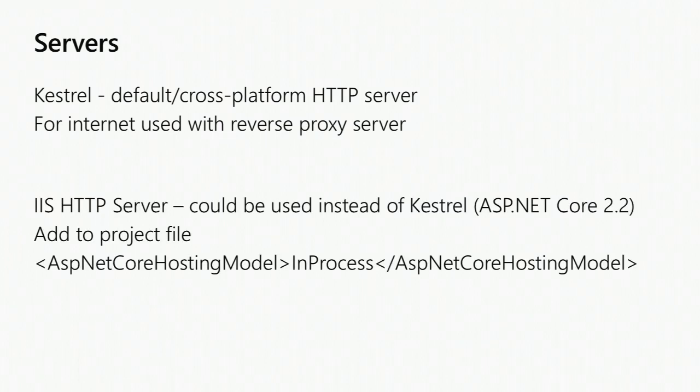And lately, we can use IIS also on the Windows since version 2.2. And very rarely used, HTTP.sys, only in the case when we need some special feature, for example, Windows authentication. I don't know what else could be also used for this.